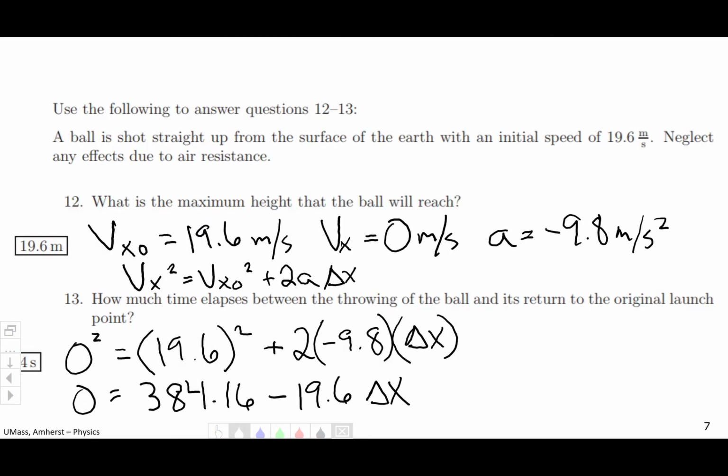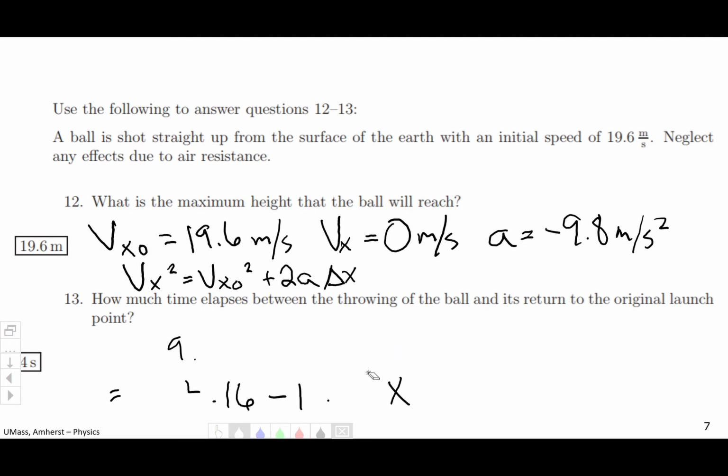Now let's go back and erase some stuff so that we can solve the second part of this problem. How much time elapses between the throwing of the ball and its return to the original launch point? If we're asked how much time, that means delta t is our unknown. We still have a Vx0, a Vx, and an a.